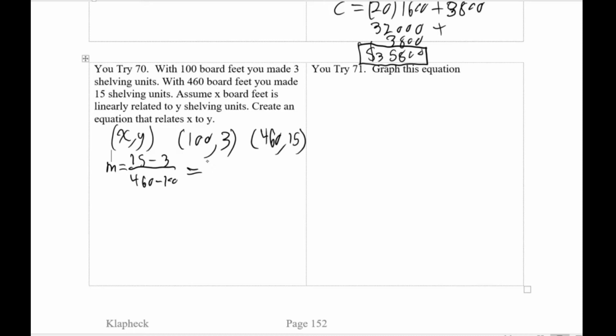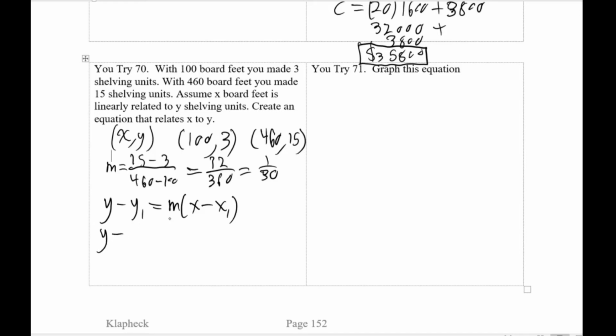Simplify. 12 over 360, which then simplifies to 1/30. Correct. Now we can use this in my y minus y1 equals m times x minus x1 equation, the point-slope form.